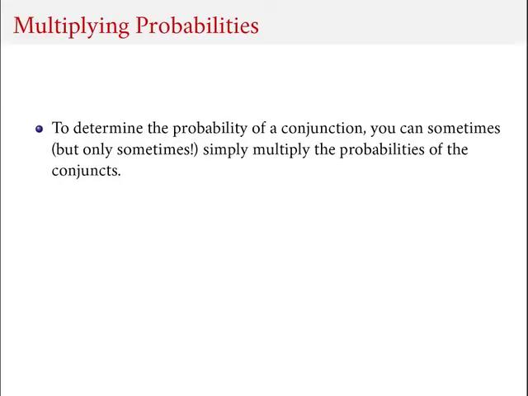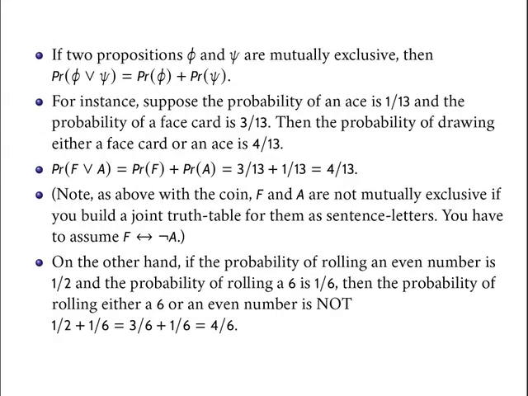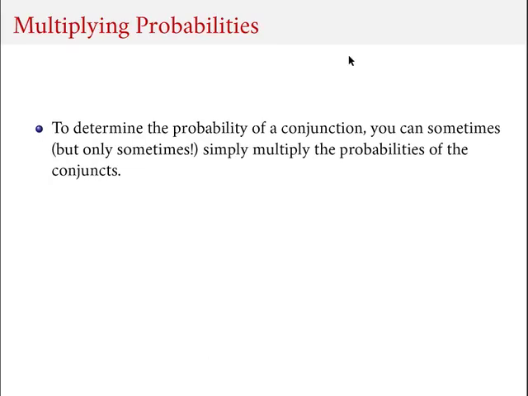So just as I've given you an initial rule for calculating the probability of some disjunctions, i.e. when you have mutually exclusive disjuncts, there's also a rule for calculating the probability of conjunctions. And just like the rule for calculating the probability of disjunctions is limited to certain cases, this rule also can only be applied in certain cases.